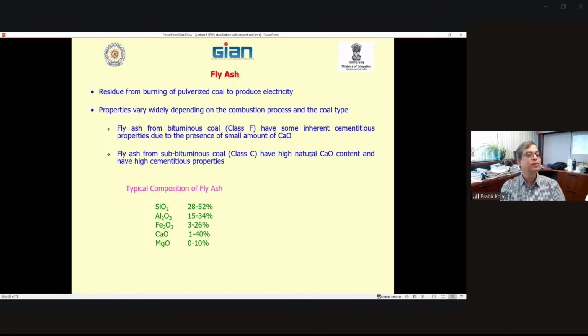The problem is that if you use it in concrete, Class C has more sulfur also. The sulfur reacts with water, forming sulfuric acid, and then it will react with the reinforcement, and that is not good.